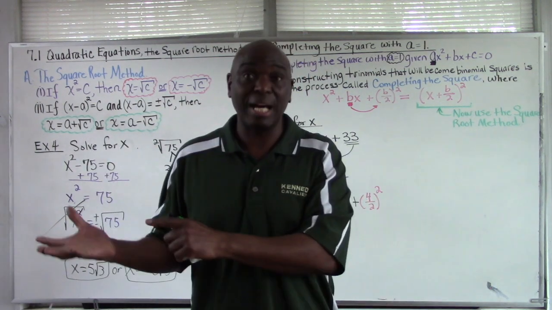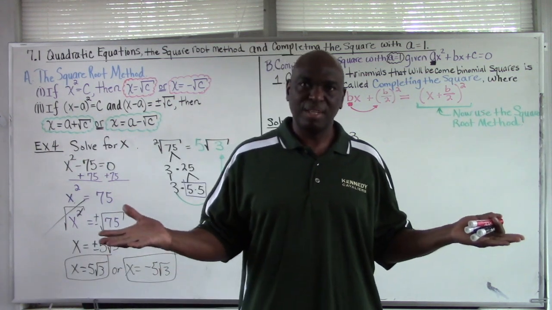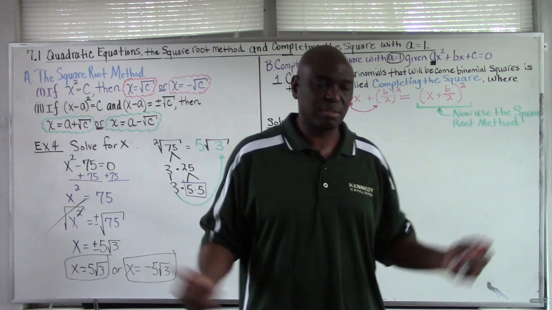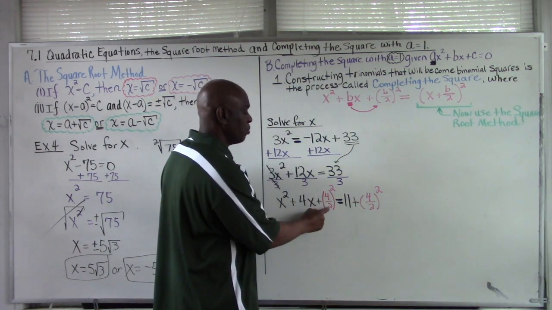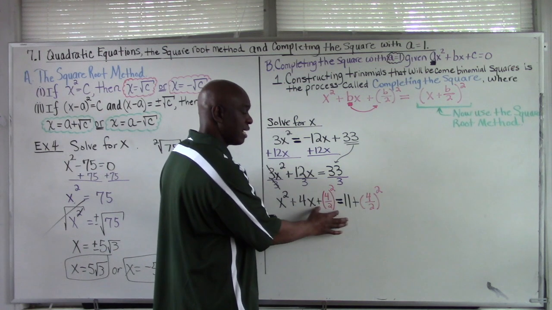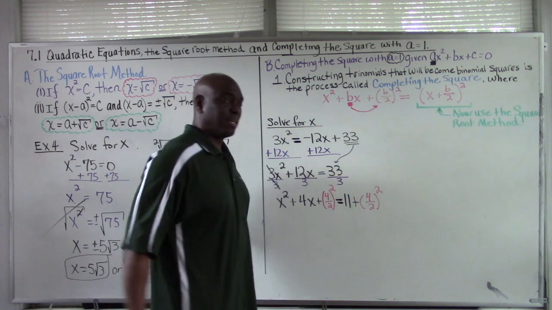What I do for one, I must do for the other because I had to keep it balanced. Equations have to be balanced. So if I add 4 divided by 2 quantity squared on one side, I must add 4 divided by 2 quantity squared on the other side.